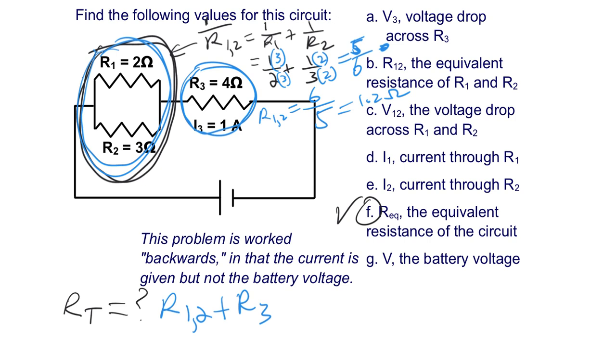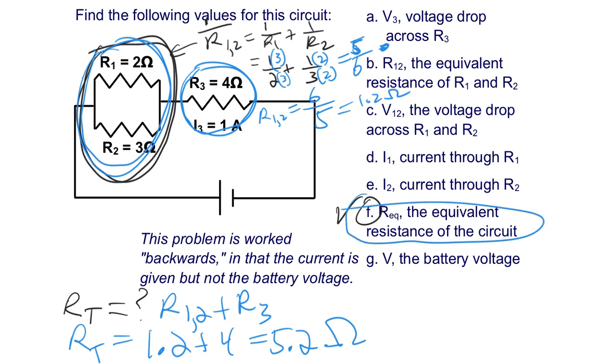So I just flat out add them. So R12 is 1.2 and R3 is 4. So I get 5.2 ohms for the total resistance. So I just answered letter F.